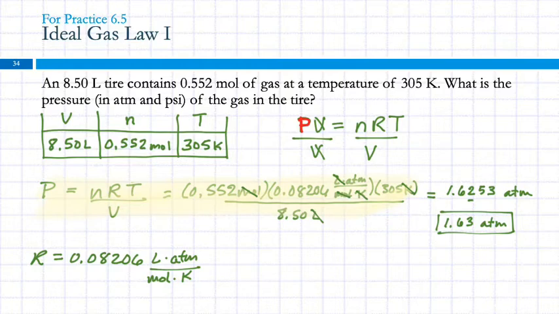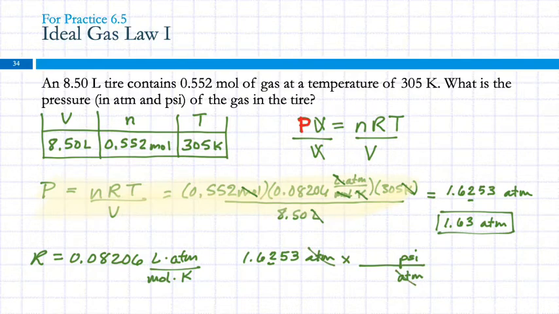It also asks for the pressure in PSI, and I want to use the unrounded value when I convert to avoid rounding errors. Pressure conversions can always be done in one step. I want PSI, so I'll divide by atmospheres.